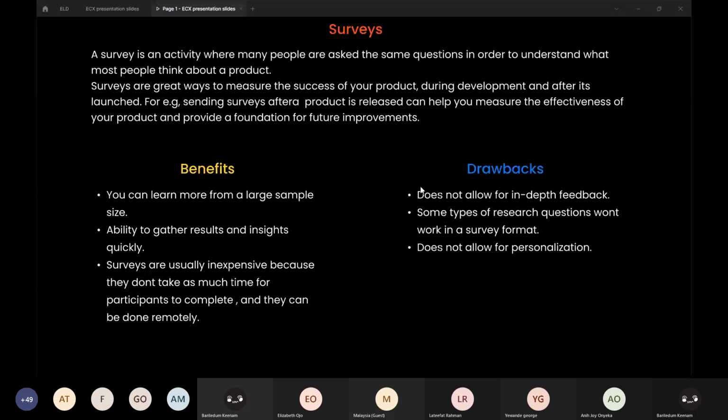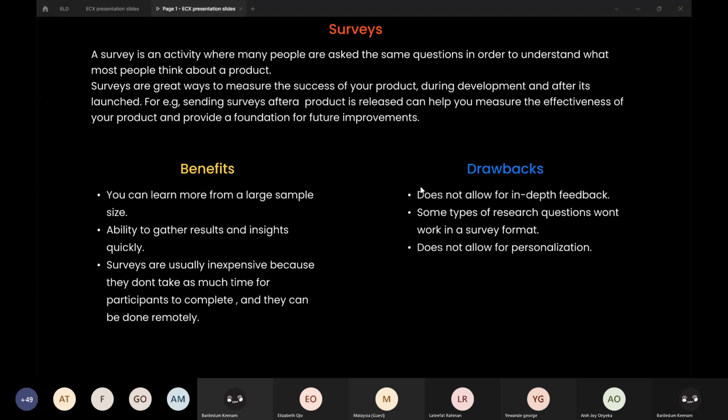You have various people filling the survey. But unlike interviews, where you select your users, know them, and know how to ask them questions based on their kind of personality.